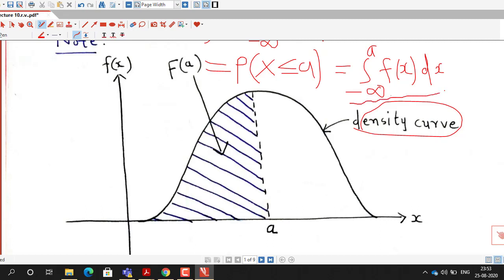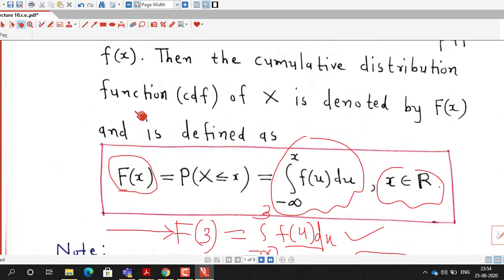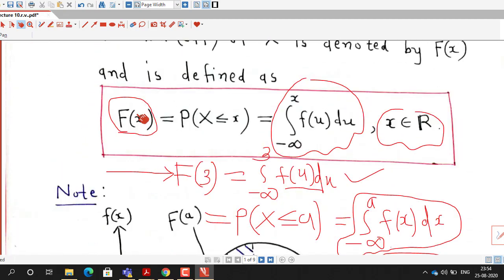This integral represents the area under the graph of f of x between minus infinity and a. So we have to consider this shaded area which I have shaded by these blue lines. This shaded area is nothing but the value of the cumulative distribution function at point A. So this is the geometrical meaning of the cumulative distribution function of a random variable.